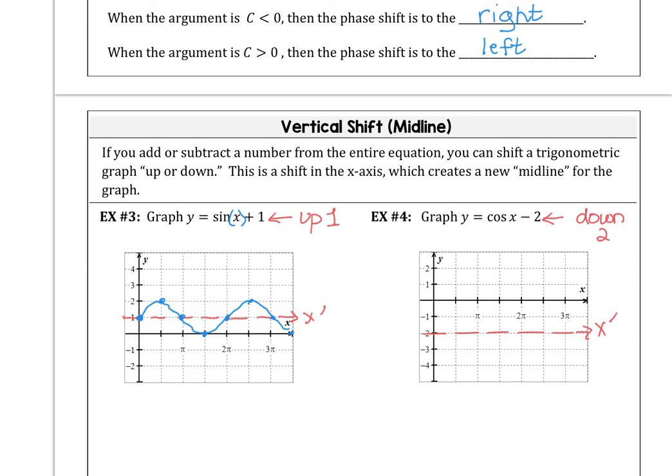But for cosine, we start at a maximum point, so at 0, -1, and we stop at a maximum point. That would be 2 pi, -1. Halfway in the middle, we have a minimum at pi, -3. And then the quarter way is an intercept, and 3/4 of the way is an intercept. And there's our maximum, intercept, minimum, intercept, maximum, intercept, minimum, intercept, continuing for 2 complete cycles.